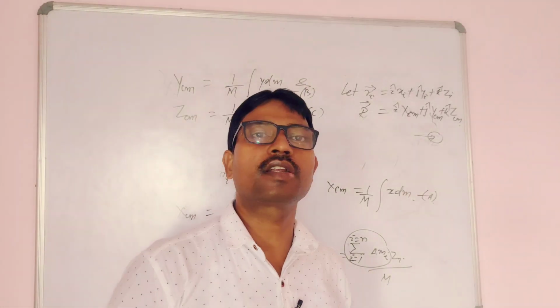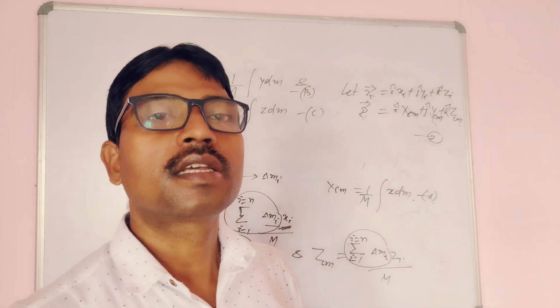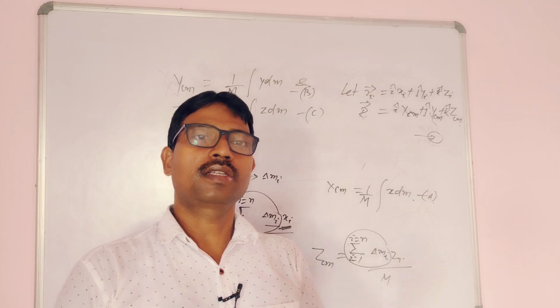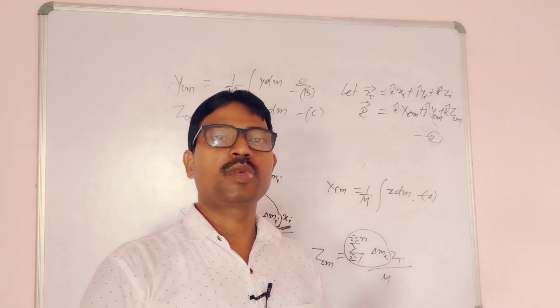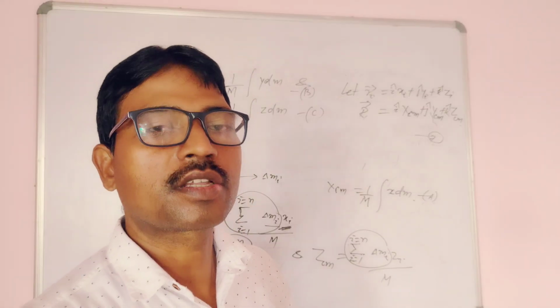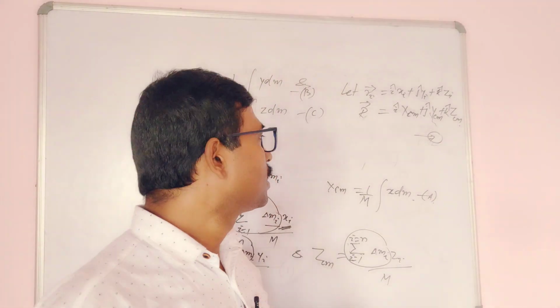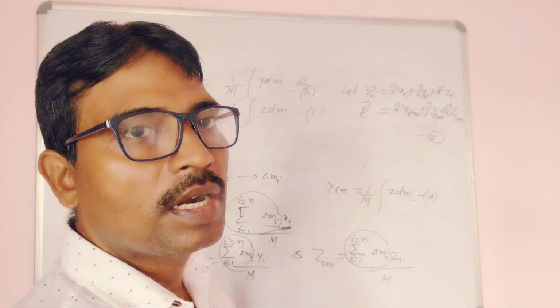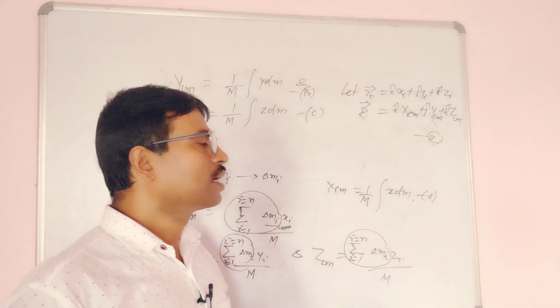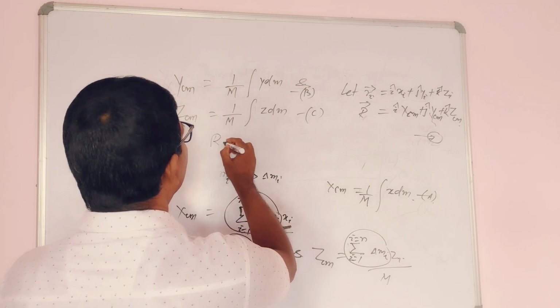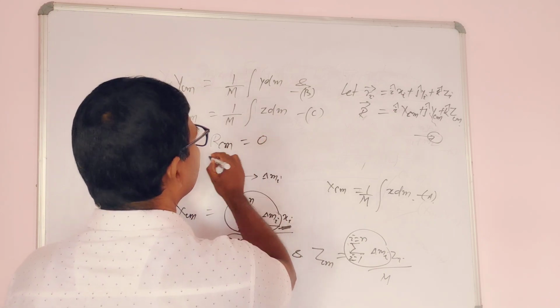You can calculate the center of mass of a thin uniform rod, whether the rod lies at the origin or in between, and also of a semicircular disc, a hollow sphere, and so on. In this way you can calculate the center of mass of different geometrical figures. Now suppose that RCM lies at the origin.